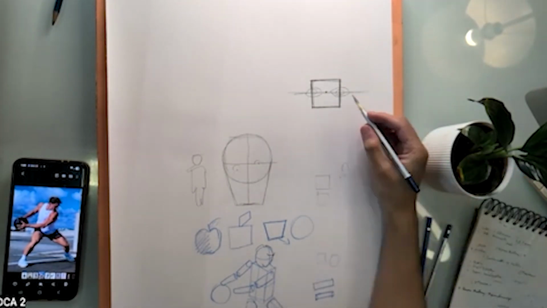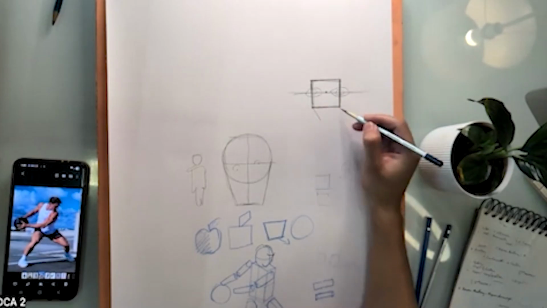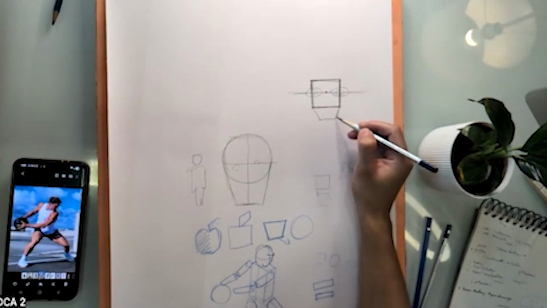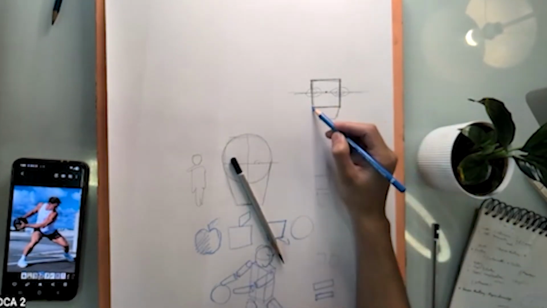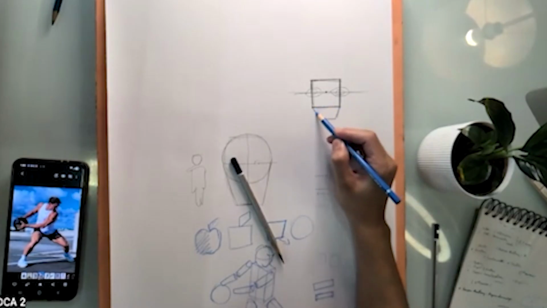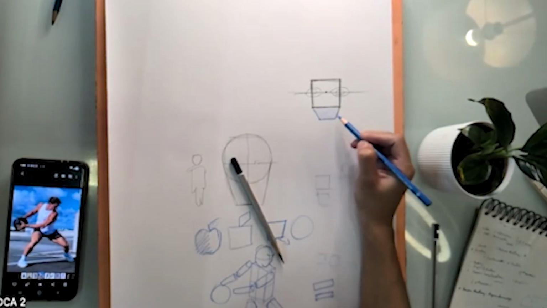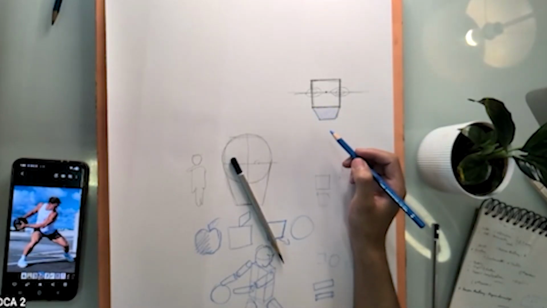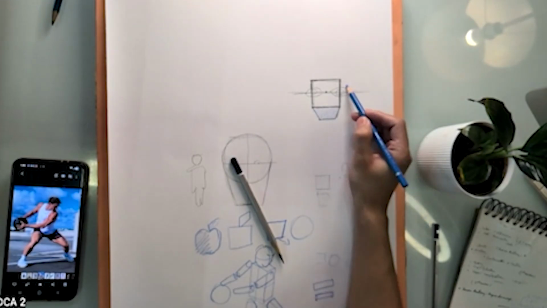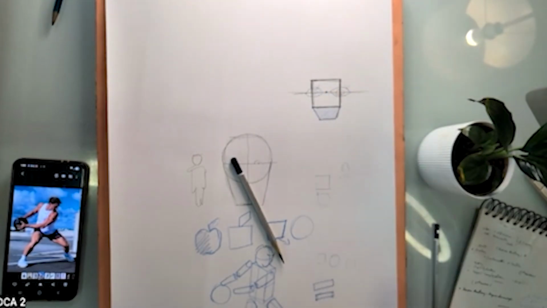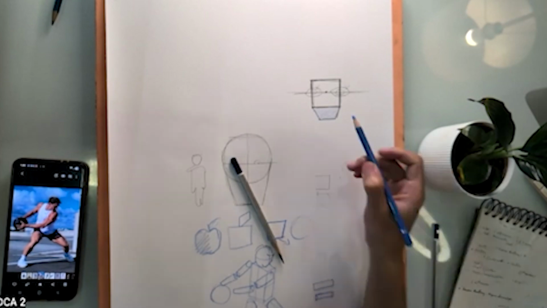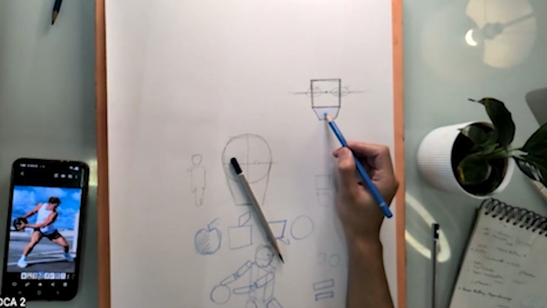However, if I were able to see a little bit of the base, now see, the whole perspective changed. Now, this is no longer my eye level. The fact that I'm able to see the lower part over here changes the whole perspective.